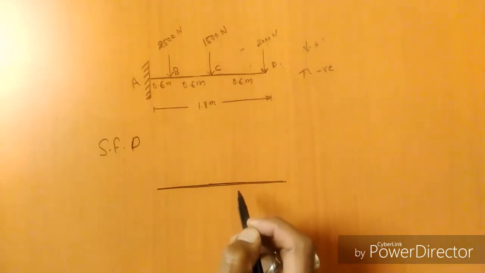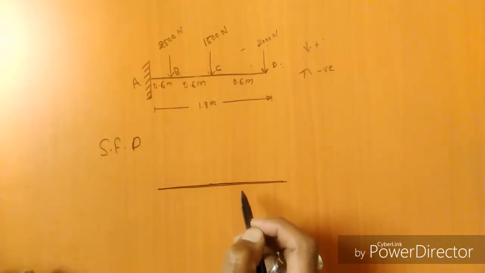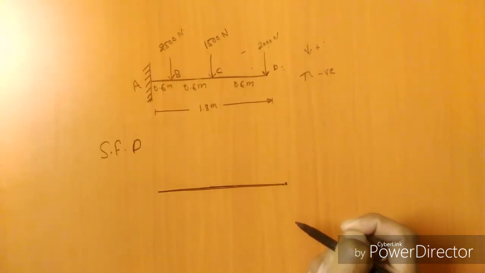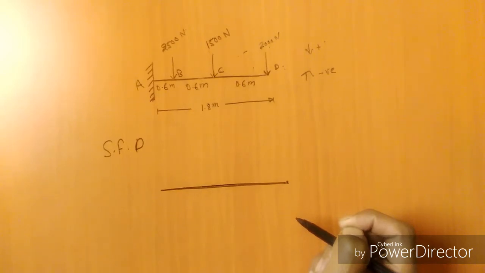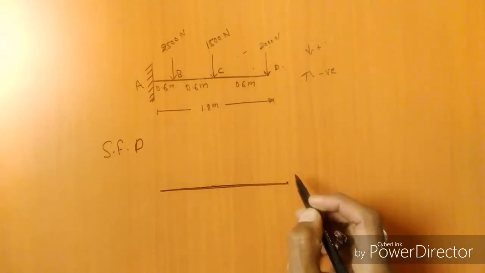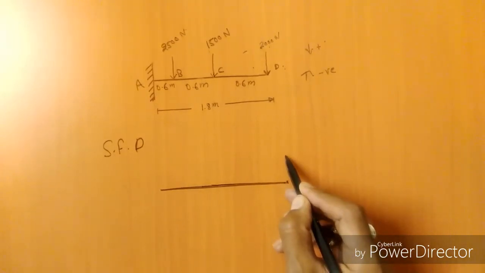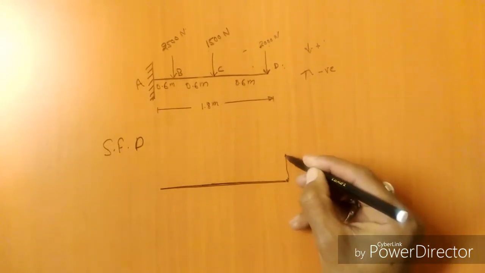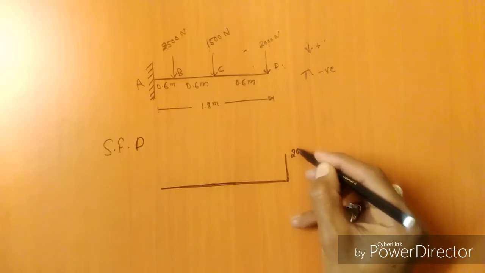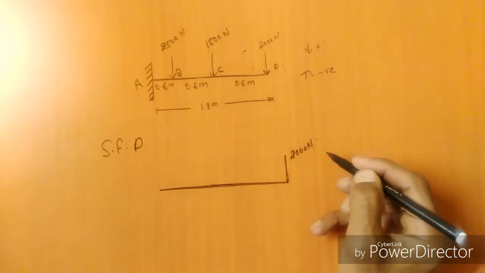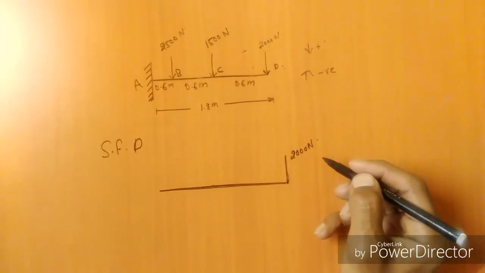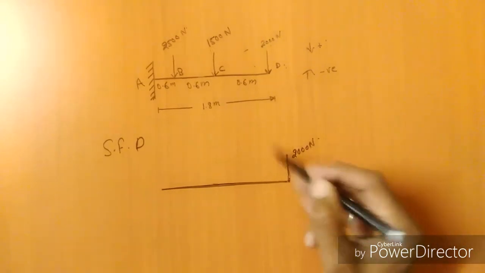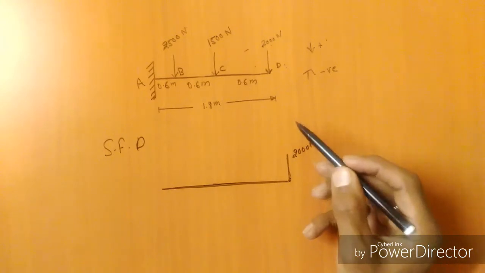Our first value, shear force just at point D, is 0, and shear force on the left hand side of D is 2000 Newton. Here one point to be noted: positive values of shear force and bending moment are plotted above the baseline and negative values below the baseline.